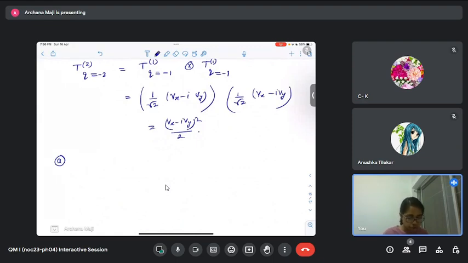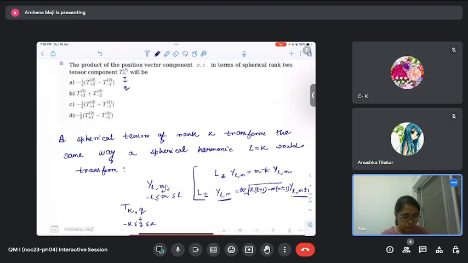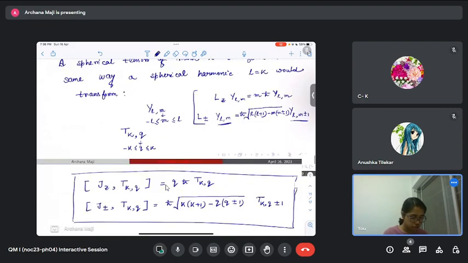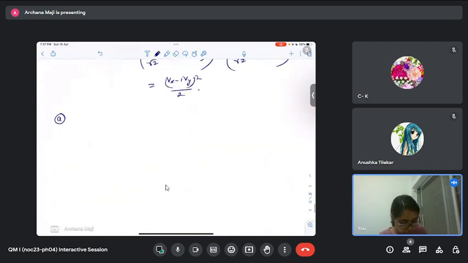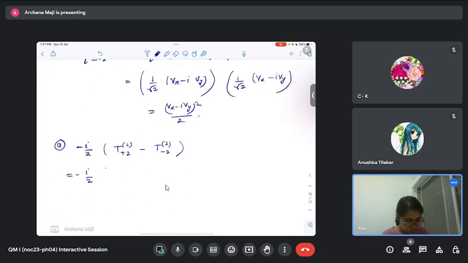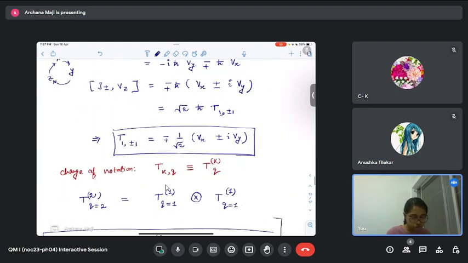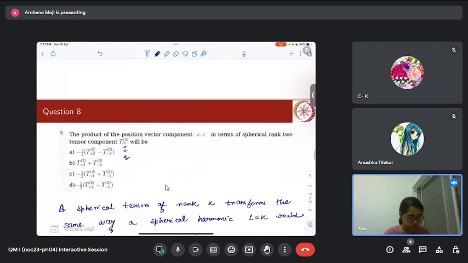Okay, so A option is saying minus I by 2 times T2 plus 2 minus T2 minus 2. Okay, so we have all of it. Now further, the problem is saying not for any vector but for the position vector. So that means V here is x i cap plus y j cap plus z k cap. Fine.